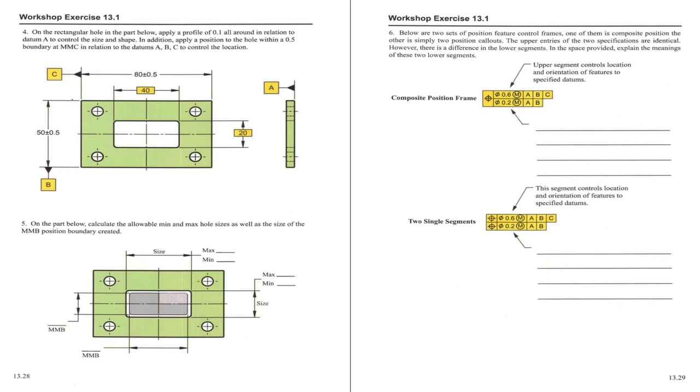Then in this exercise, on the rectangular hole in the part below, apply a profile tolerance of 0.1 all around to control the size and shape.